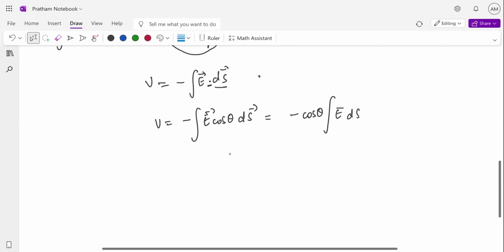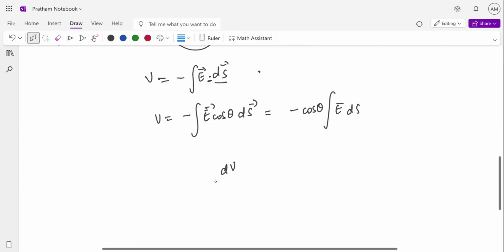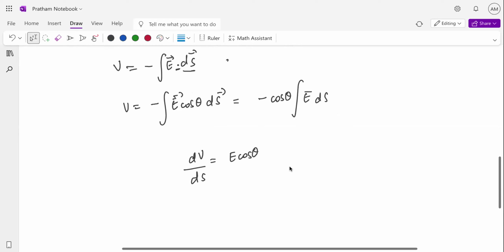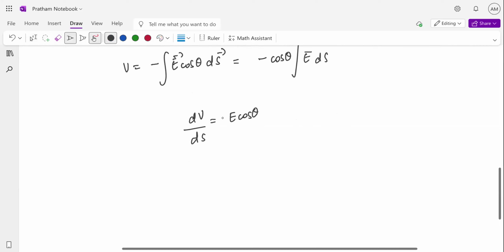Now I can differentiate it. If you differentiate it, you will get dV by ds equals E cos theta. One more thing, don't forget the negative sign. So finally, I can write this as E cos theta equals negative of dV by ds.